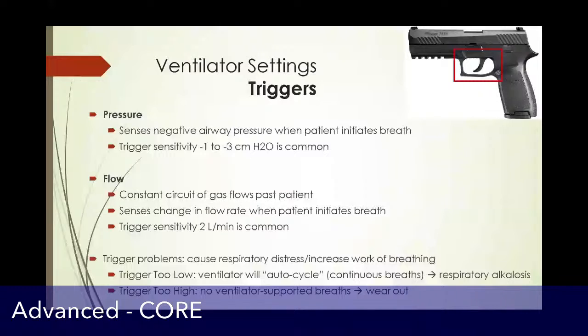On the other hand, if the trigger is too high and it's requiring a large pressure change to deliver the breath, then it might never register that the person is trying to take a breath. It will never deliver a breath. Eventually, the person will wear out or be locked out from getting any air.